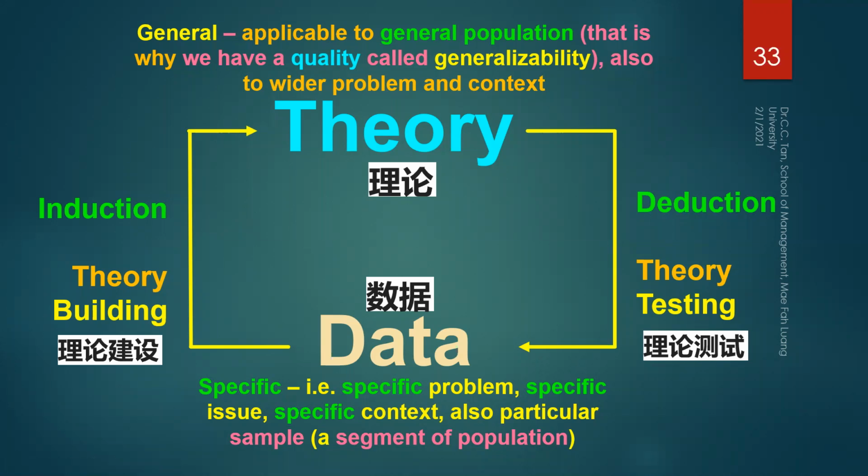So you form a hypothesis, or a part of the theory, and then you test it and see whether the data after the analysis match the theory. So if you start with the theory, go into the data and analyze it, and then see whether it matches the theory, that is deduction.